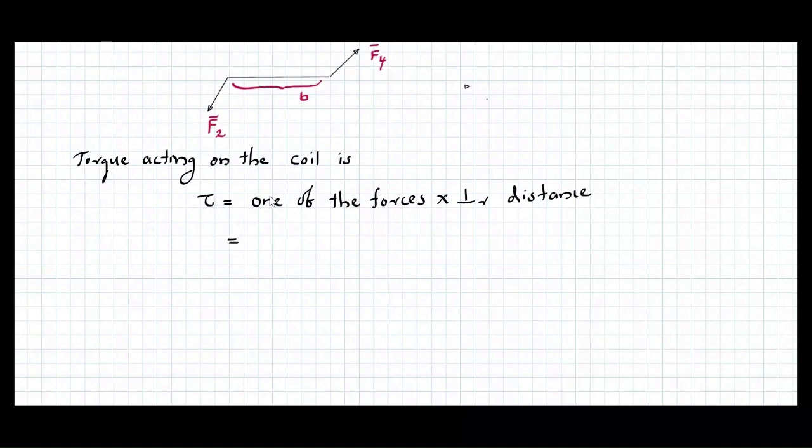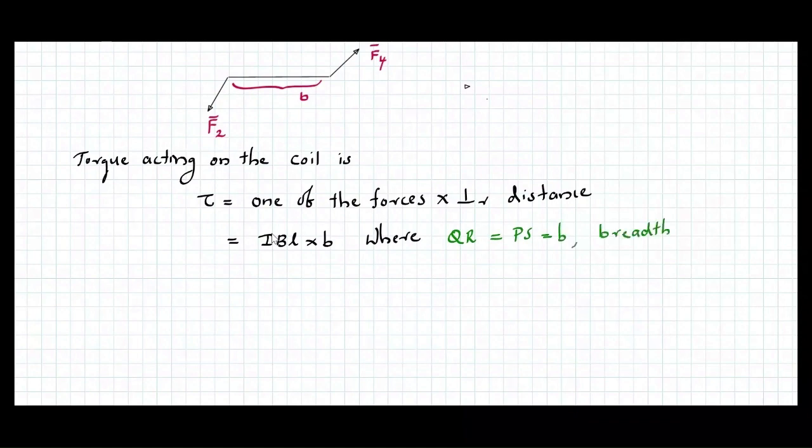Here the magnitude of the force F2 or F4, whichever it be, is IBL, and the perpendicular distance means the breadth of the coil, so torque is IBL into b. The perpendicular distance is actually QR and PS, that is equal to b, the breadth of the coil.